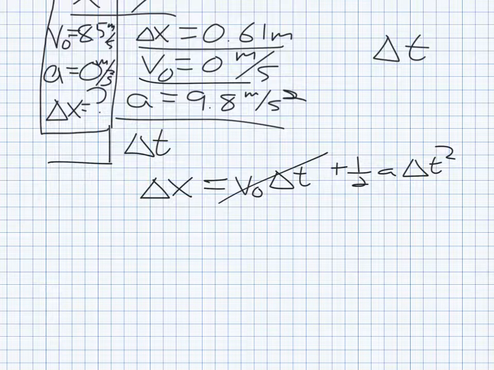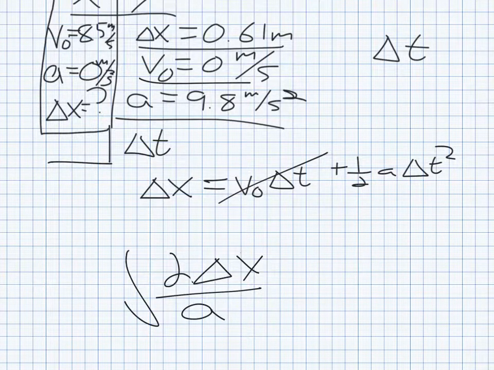And so I can then multiply by 2 and divide by a, and I will get 2 delta x over a, and then if I square root that, I will get delta t, which is what I'm looking for.